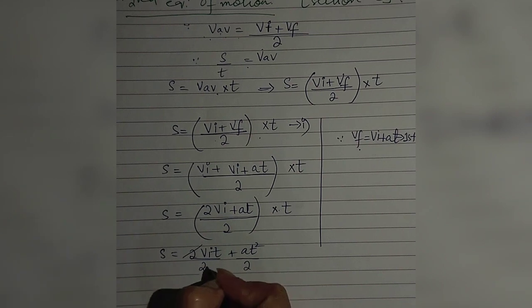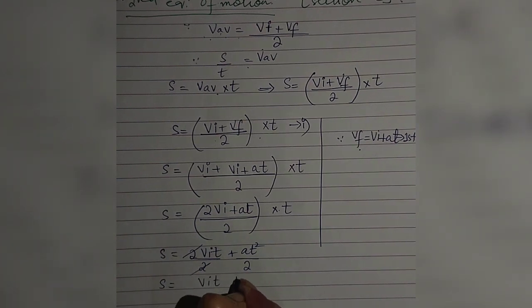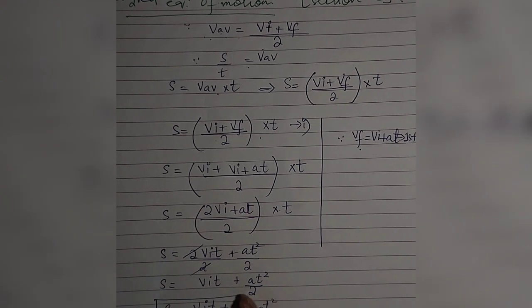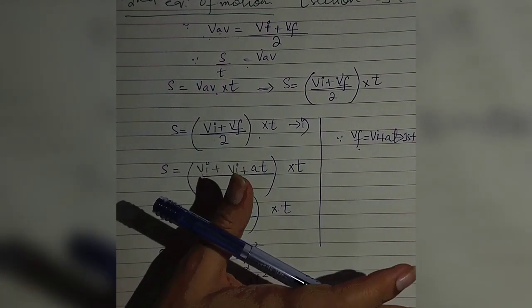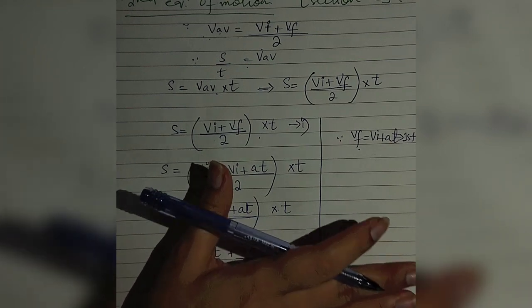Now the 2 cancels out in numerator and denominator. Now the equation becomes Vit plus at squared upon 2, or S is equal to Vit plus 1 upon 2 at squared. This is your final outcome of the second equation of motion. And as I said earlier, this is one of the most important ones.